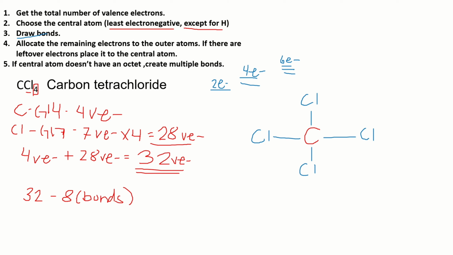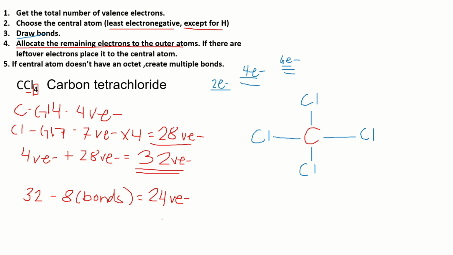So we have how many electrons left? We have a total of 24 valence electrons left.